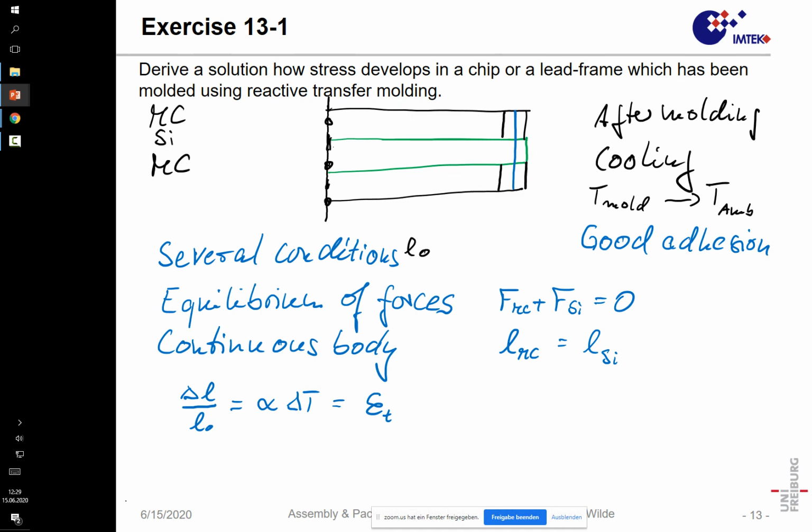So you can see it also from the fact that elastic strains are related to stresses with which formula? So, and now here we come to the property which we would like to know. That's the stress, because that's relevant and that will kill our device if stress is too high. So, how is stress related to strain?